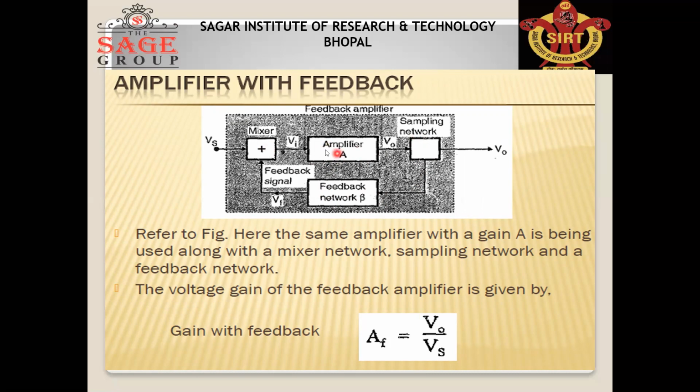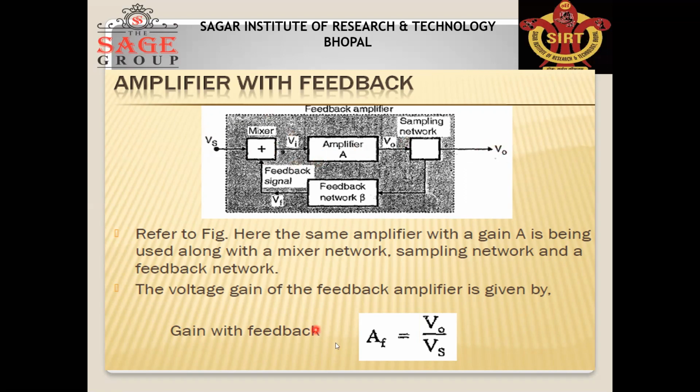So when an amplifier is used with feedback, the necessary blocks required are the amplifier, feedback network, sampling network, and mixer. Again, suppose this is the output and this is the input.